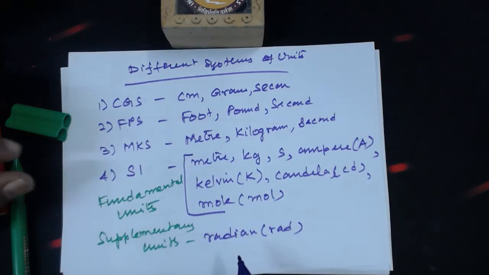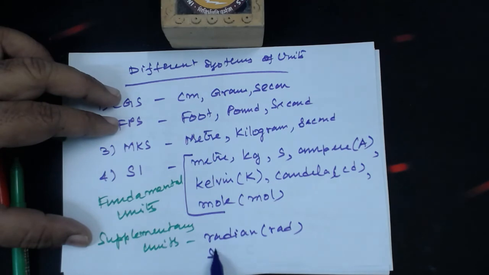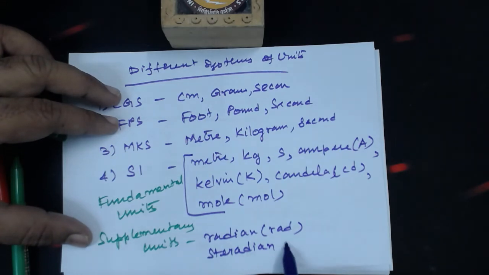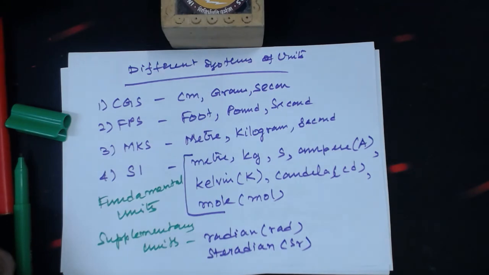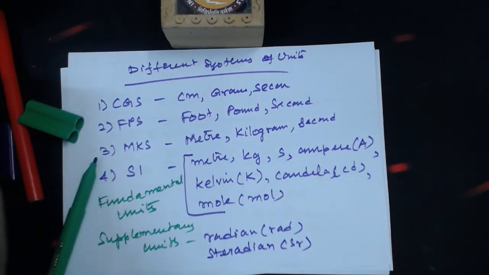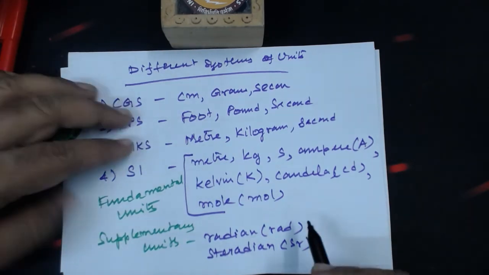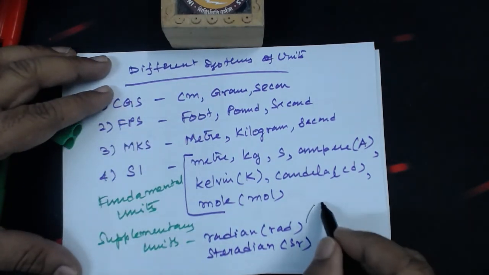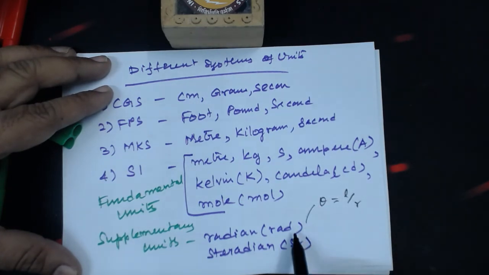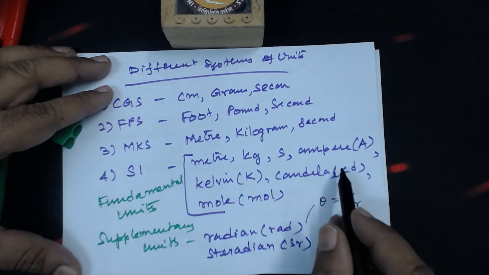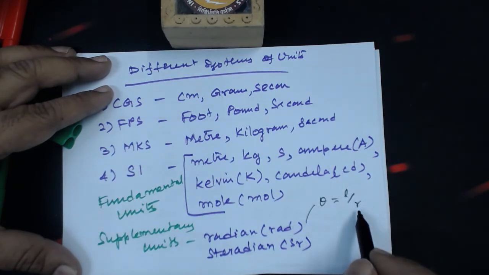Similarly, steradian, which is represented as sr. Radian is given by theta is equal to L by R, where theta is in radian, L is the length of the arc, divided by R, the radius of the circle.